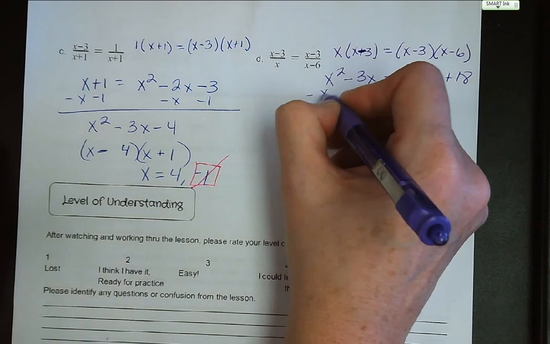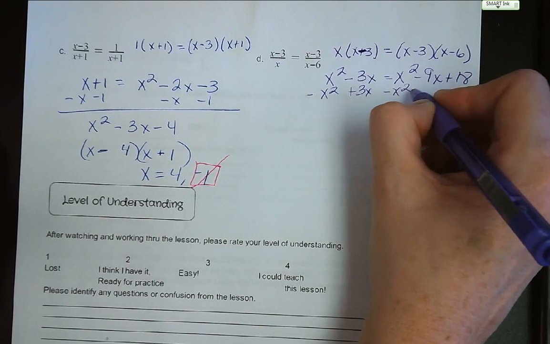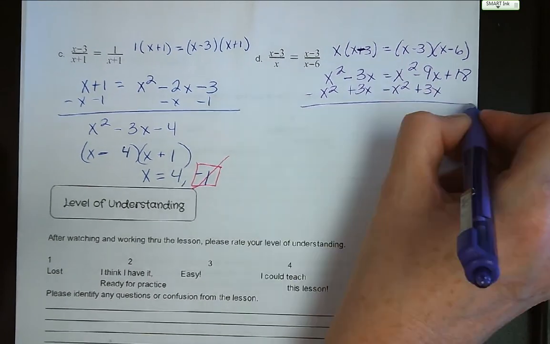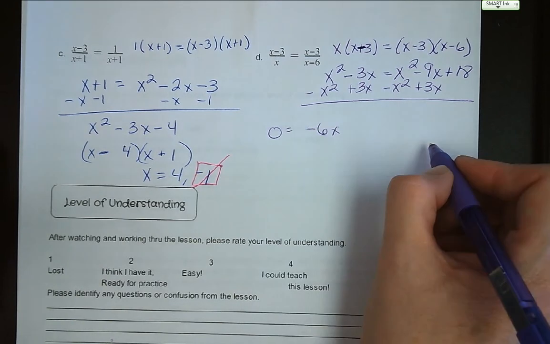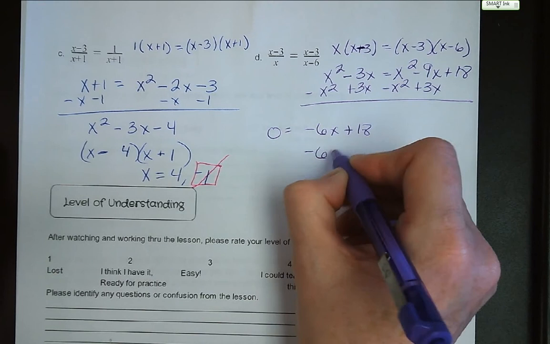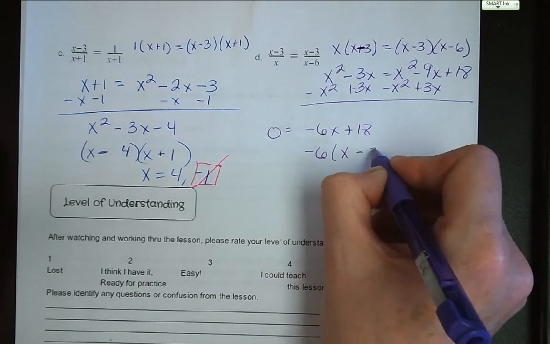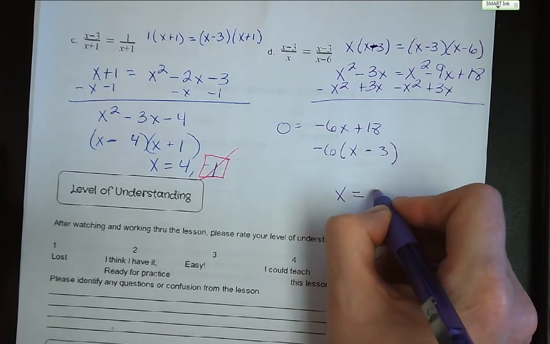Subtract an x squared and add a 3x to both sides. 0 is equal to negative 6x plus 18. So now we can go ahead and solve, factor that, take out a negative 6. So we've got x equals 3.